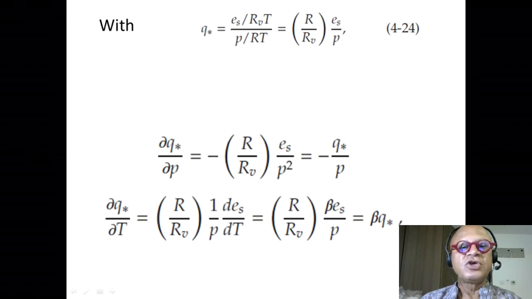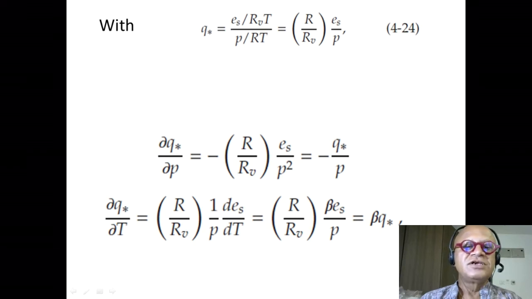So dq star/dp then becomes minus R/Rv times es over p squared. This is the same thing with es over p squared, and you can use the expression for q star to write it as minus q star over p.